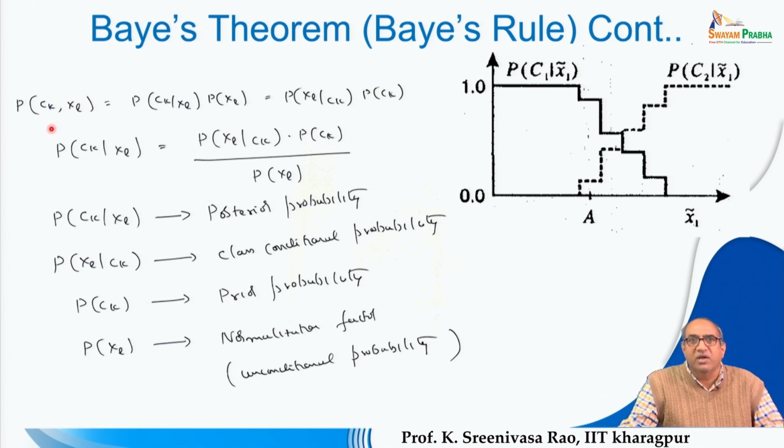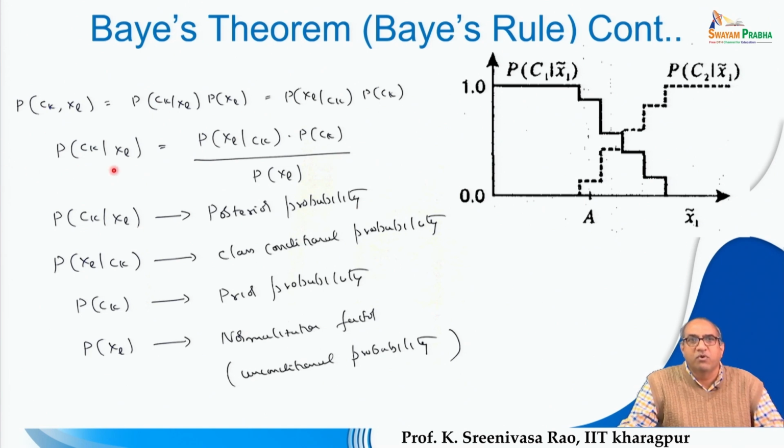For that, we estimate the posterior probability for each class for the given feature vector, and then see which class gives the highest posterior probability among the given classes. That class label will be hypothesized for that particular feature vector. That means among these posterior probabilities, whichever is the highest, that class label will be assigned to the feature vector. This result is known as the Bayes rule.